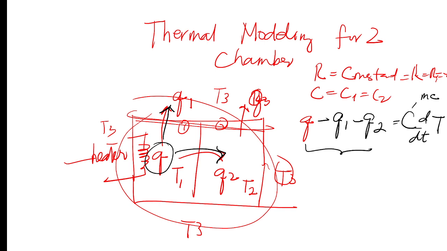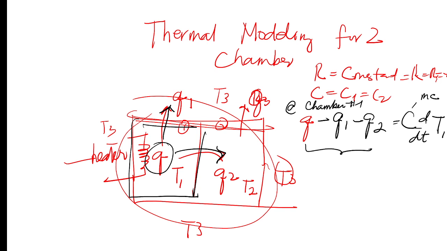The d over dt of T. Now, what kind of T? T1, because we started here at chamber 1. So we are referring to room or chamber number 1. So what do we do with this equation?